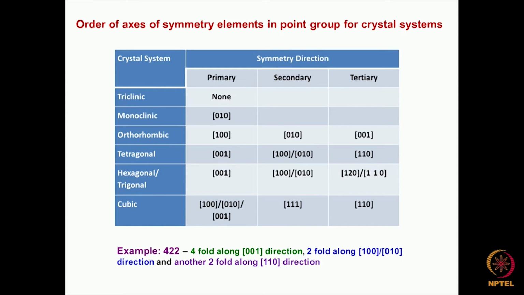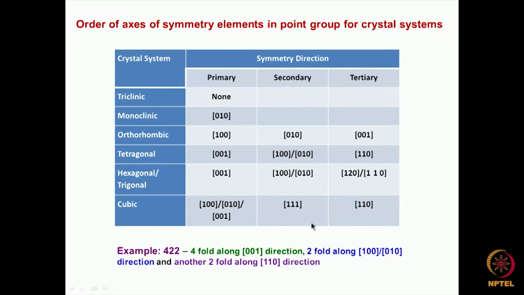Triclinic, if you look at it, does not have any symmetry operation. There is nothing like a primary or a secondary. If you take monoclinic, always the 0 1 0, the B axis, is chosen to show the two-fold symmetry which is present there. Orthorhombic, if we see, A, B, C all have a two-fold.